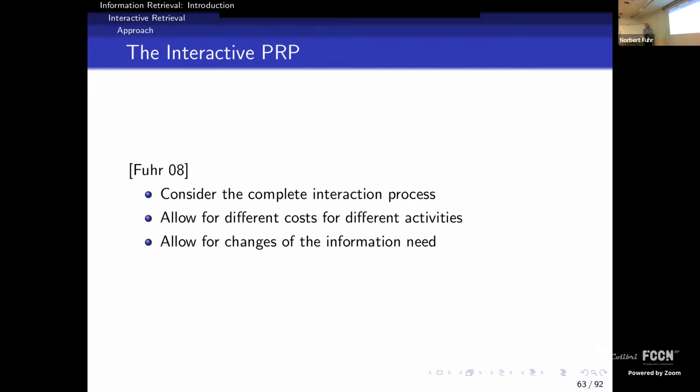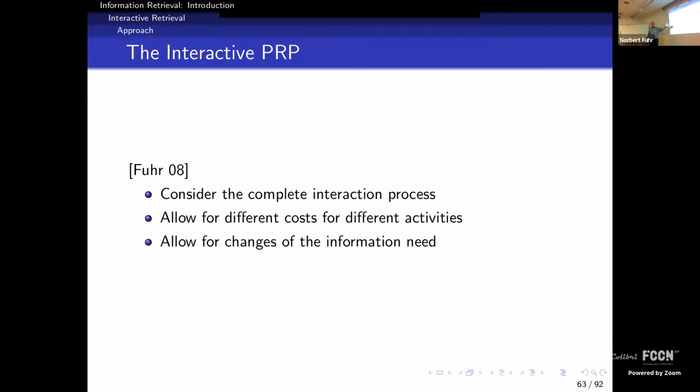And so this led me to the interactive probability ranking principle. Here the idea was that we want to consider the complete interaction process, not only the ranking of the documents. Of course, the different activities require different efforts or costs.